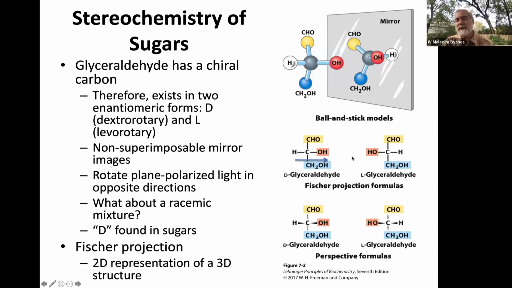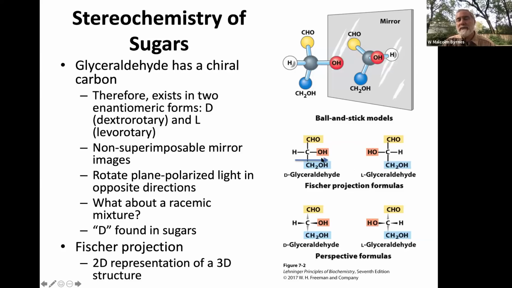The other thing you'll notice is that in the carbon before the last carbon, and in glyceraldehyde there are only 3 carbons, so it's this middle one, the OH group is pointing to the right. That's what you find in the D enantiomer. In the L, it's pointing to the left.